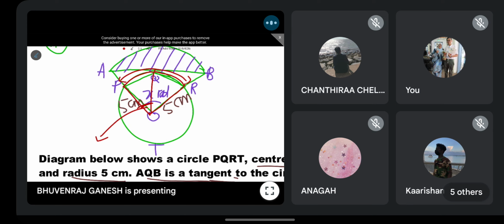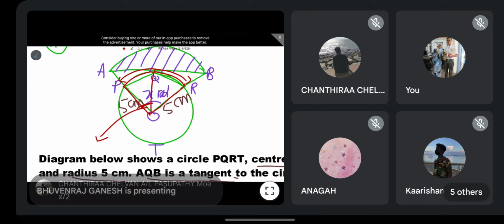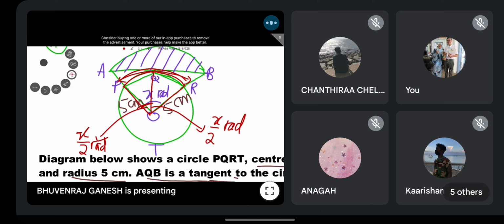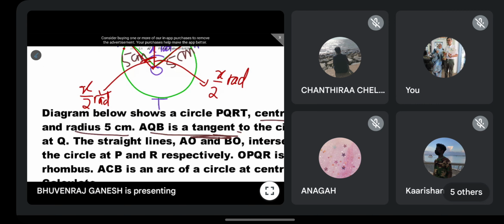Apa nilai POQ? Yes, you should get x over 2 radian. This one will also be x over 2 radian. Dua-dua sisi, kamu tambah dua-dua, you will get x balik. So that's why dia potong sama. X bahagi 2, x bahagi 2. So now you can find the length of the arc.